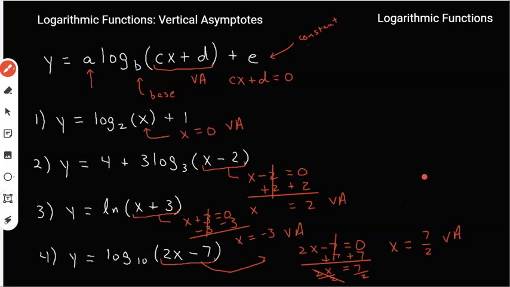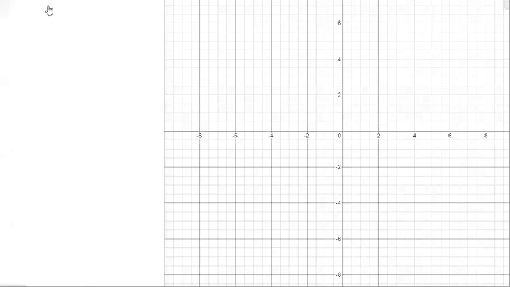Okay, so let's check and see what these look like when you graph them. I'm going to graph the very last one, and I'm going to show that the vertical asymptote is going to be 7 over 2. All right, so we go on over to Desmos, and I want to graph y equals log base 10.